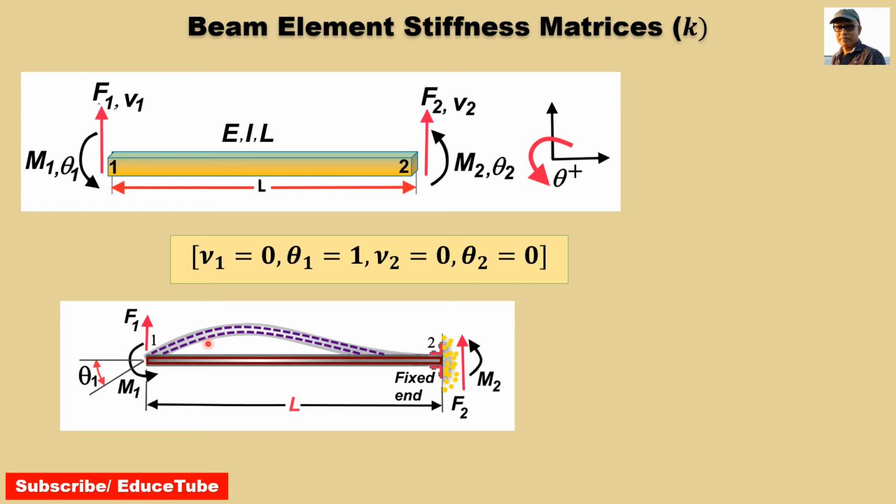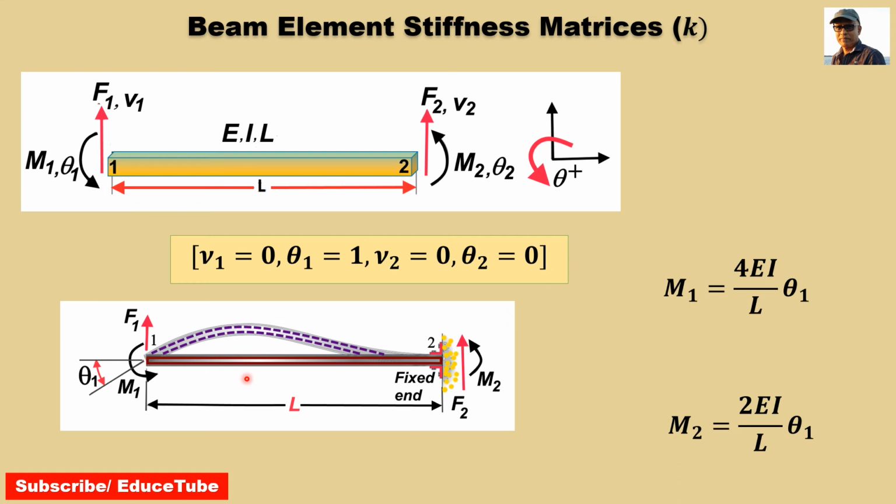So the moment is related to this θ1, and we get the moment as 4EI over L multiplied by θ1. And once we get 4EI over L multiplied by θ1, surely our far end moment will be 2EI over L.